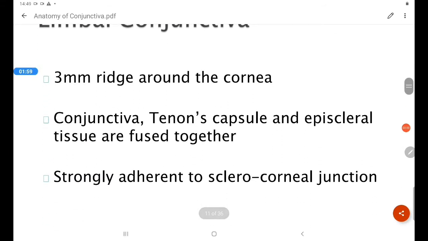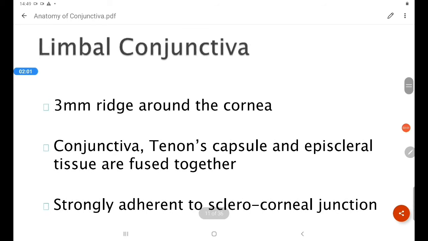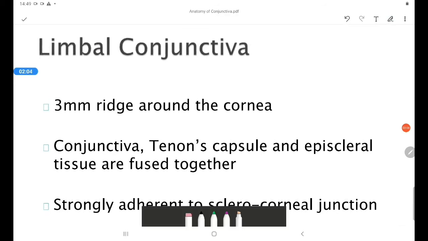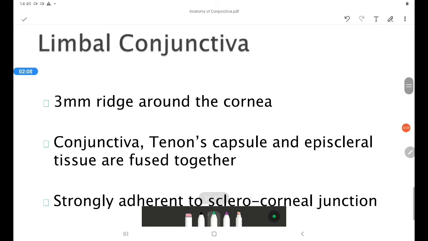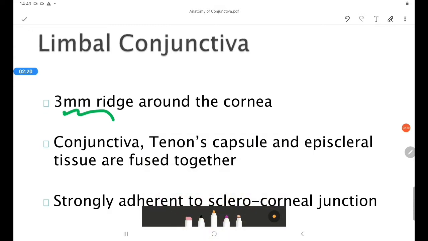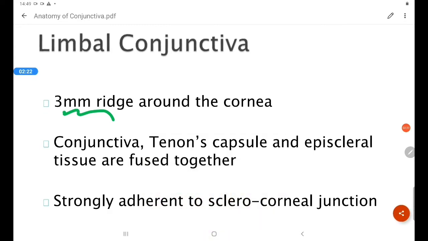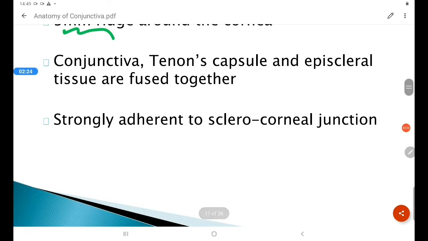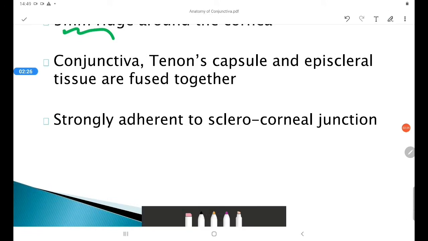Now coming to the limbal conjunctiva, you should know that limbal conjunctiva is actually a ridge. In fact, it is a thickened portion that is running around the cornea.